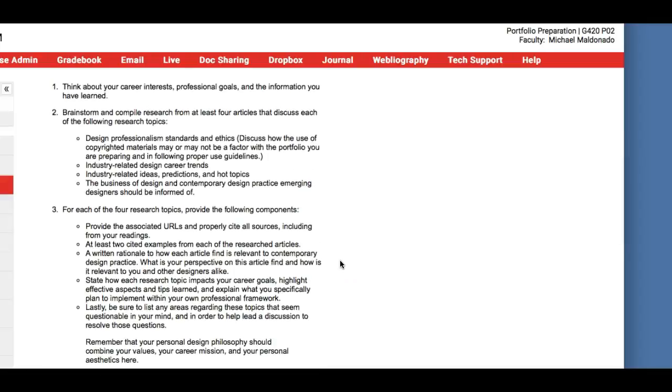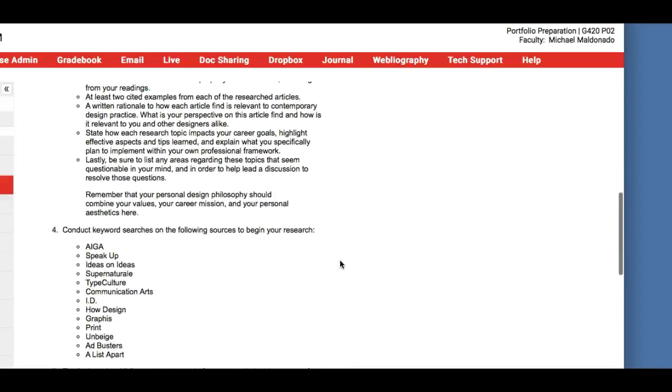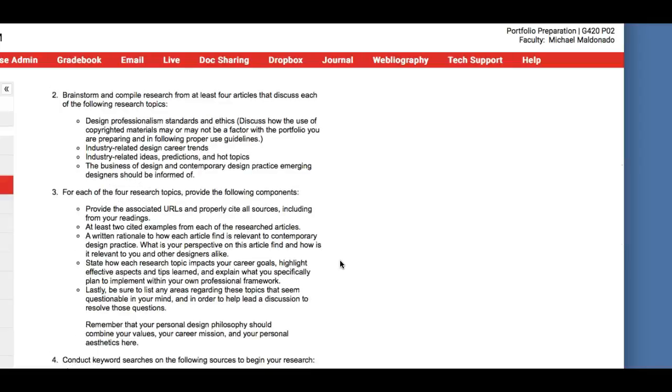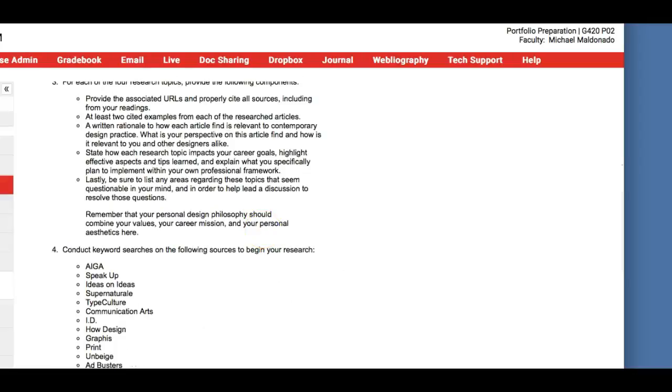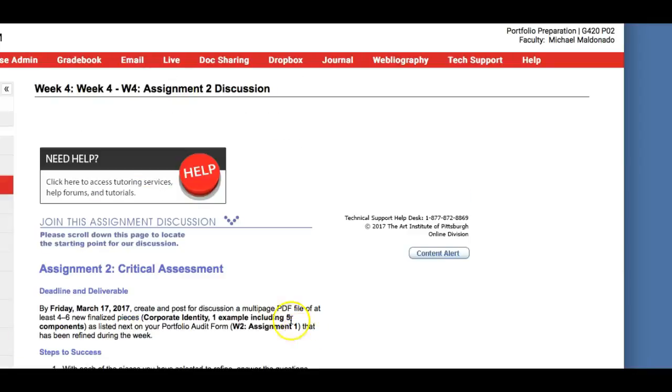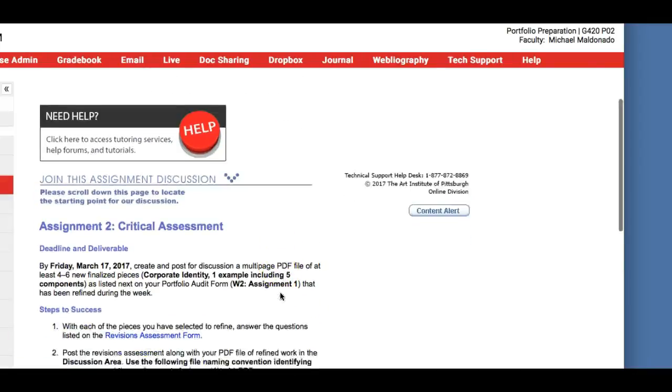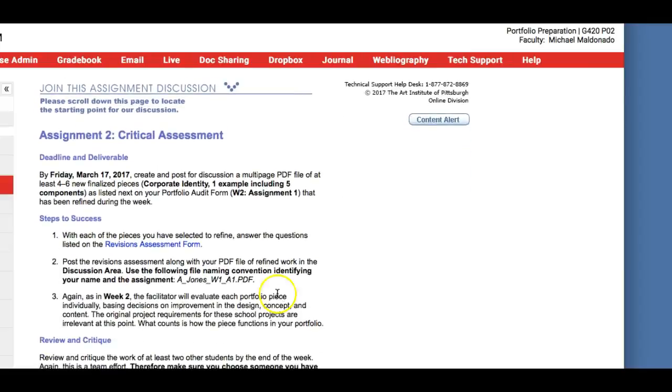So watch your time, manage your time accordingly. Just remember to give yourself enough time for this. And this is our critical assessment for this week's assignment, which is our corporate identity one. 5 components of a corporate identity package.